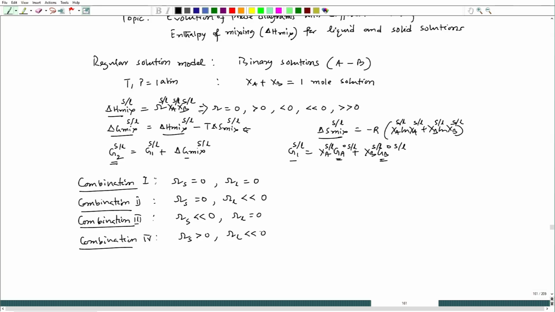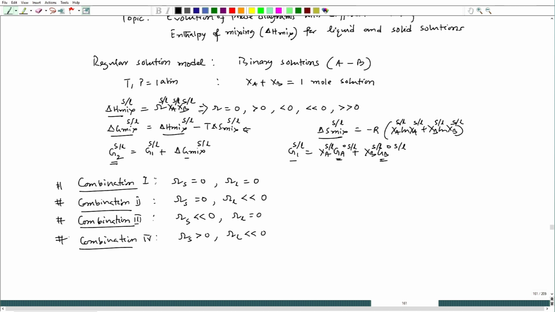Okay. So, let us consider only these 4 conditions, and as we keep having different combinations, the phase diagram would change. So, we will first consider these 4 conditions, and then if time permits, we can have several other combinations. Fine. So, we study these 4 combinations.